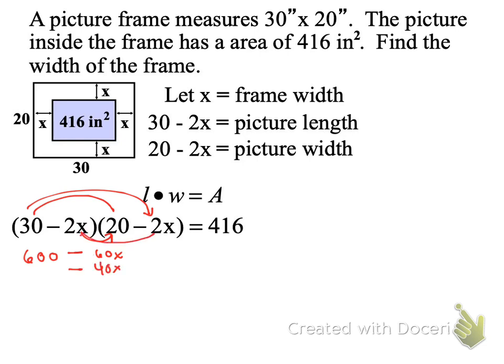And 2x times 2x is plus 4x squared. So altogether that's 600 minus 100x plus 4x squared equals 416. Questions?